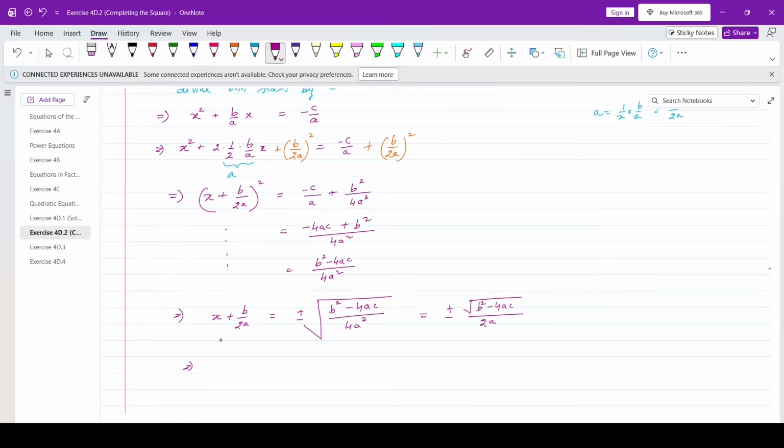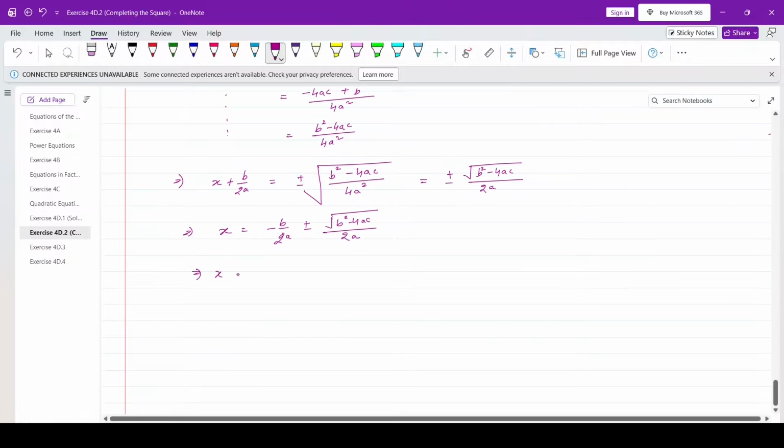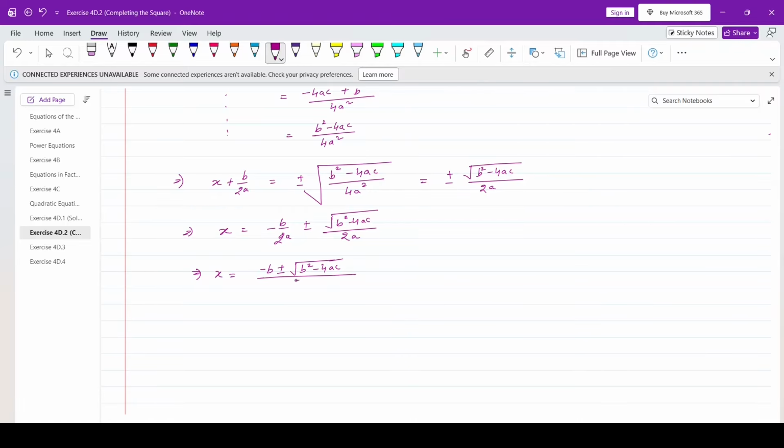Hence, x + b/2a = ±√(b² - 4ac)/2a. And x is going to be -b/2a ± √(b² - 4ac)/2a. Or we can write x = (-b ± √(b² - 4ac))/2a.